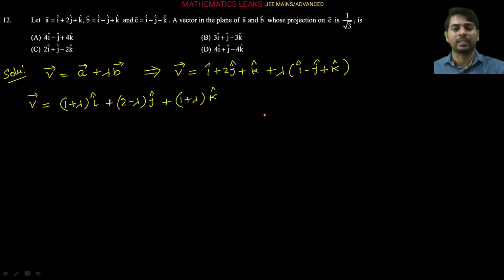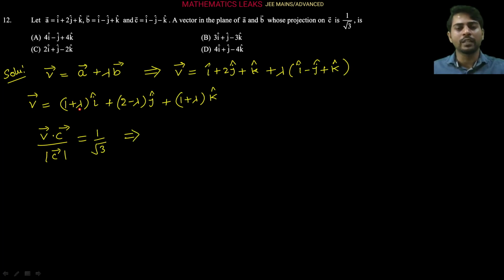This is our V vector. Now this V vector's projection on C is 1 by root 3, so the projection of V on C is V dot C upon mod of C vector, which must equal 1 by root 3 as per the given information.